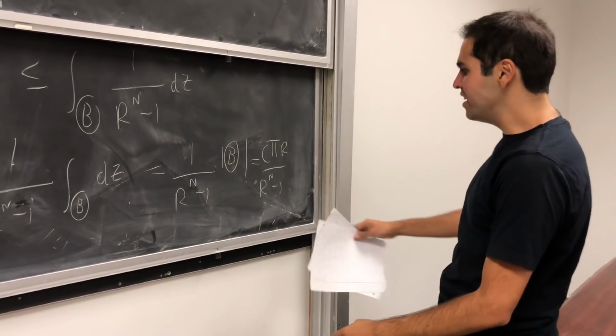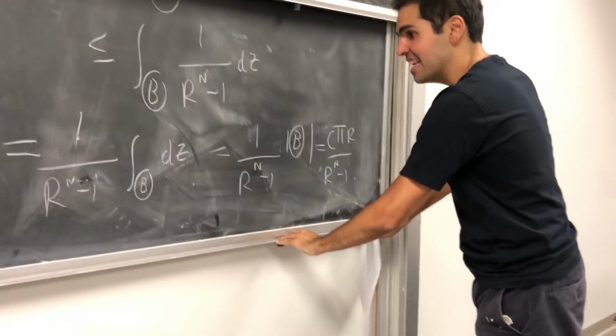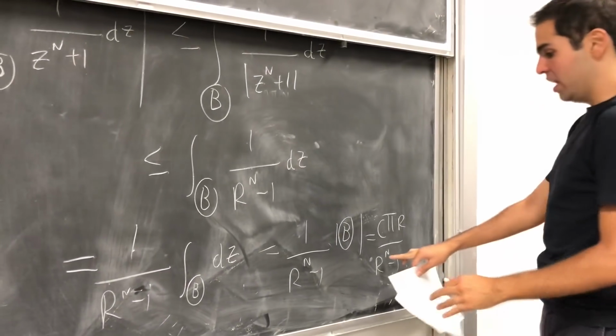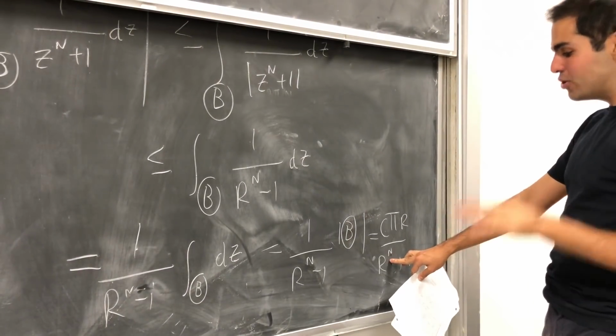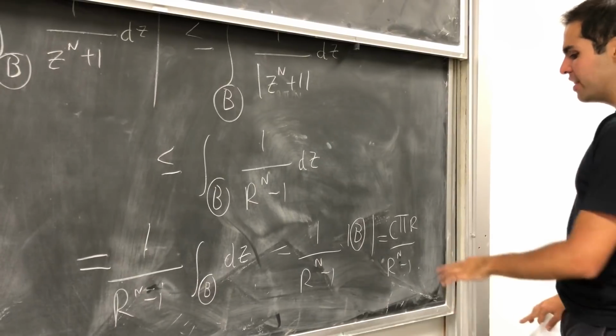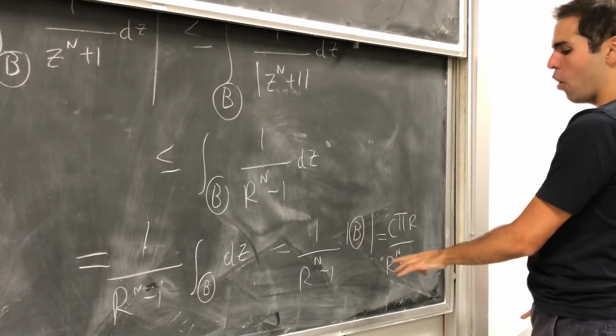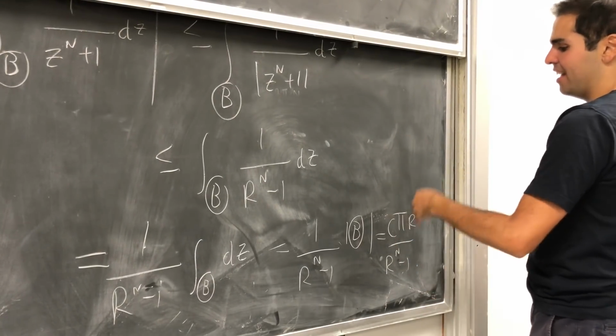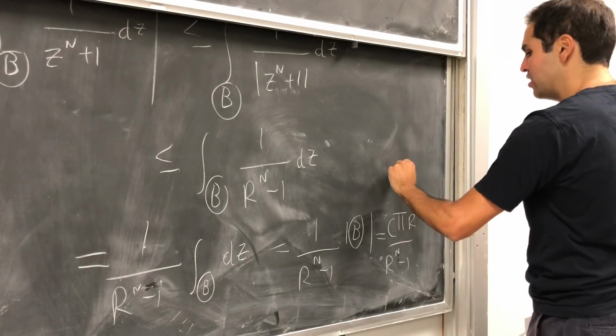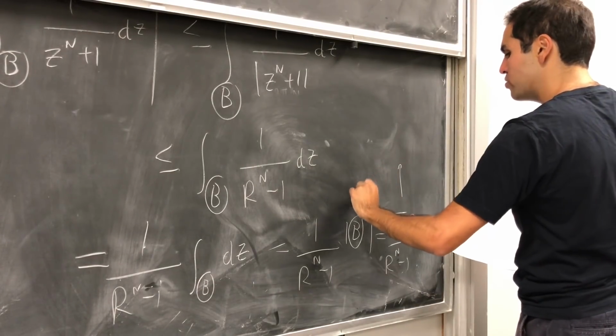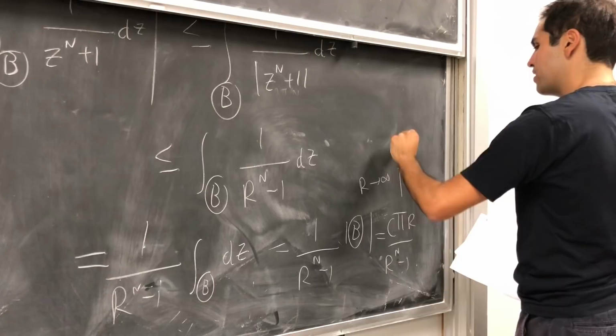And then the point is, because n is greater than or equal to 2, this actually becomes r over r to the n. And if n is greater than or equal to 2, the point is, as r goes to infinity, this goes to 0.